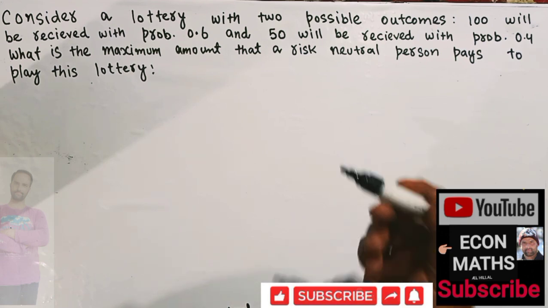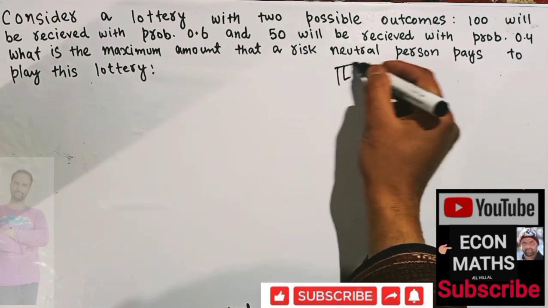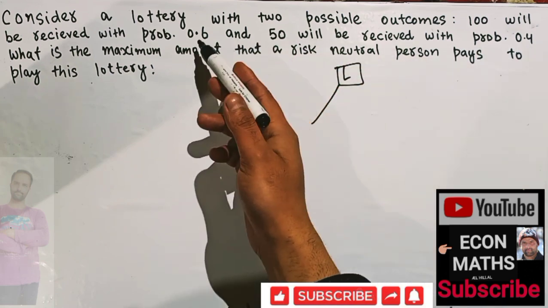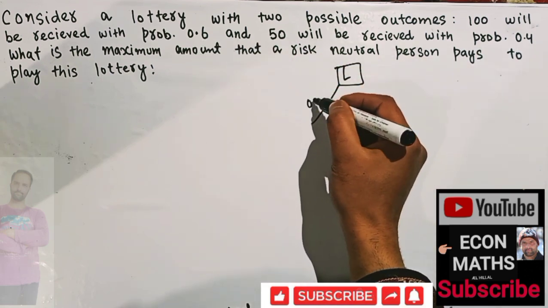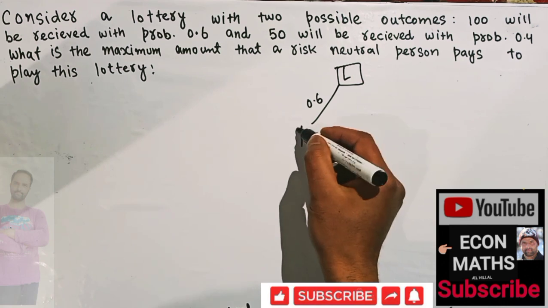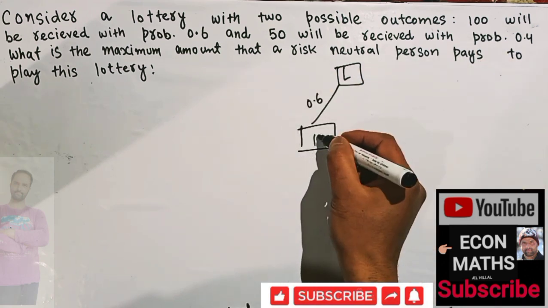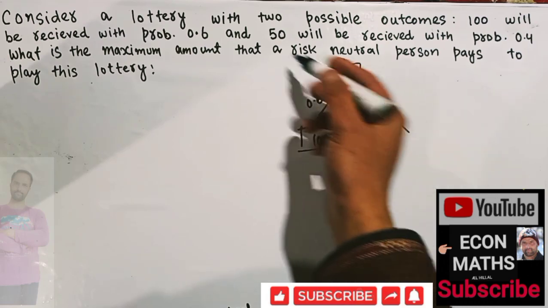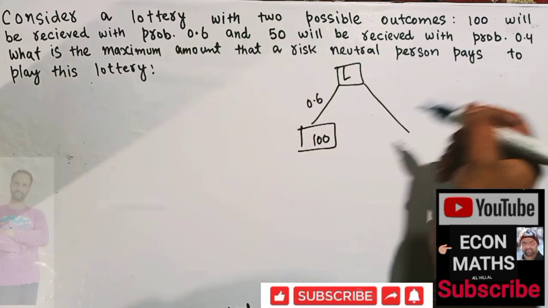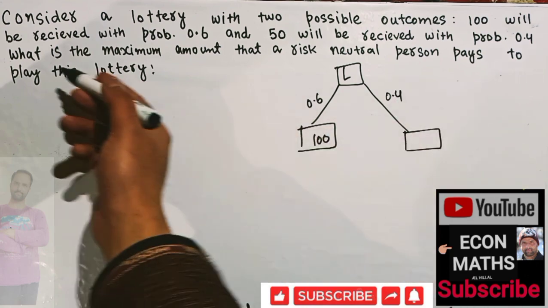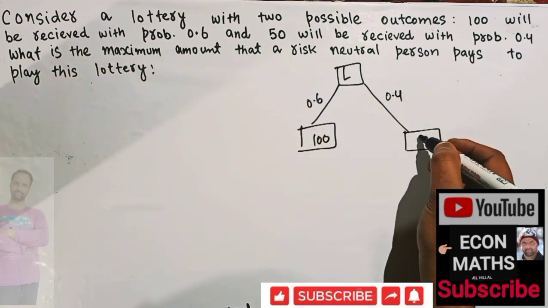Okay, so we have a lottery. There is a 60% chance that the person will get 100 rupees, and also there is a 40% chance, 0.4, that he will receive 50 rupees.